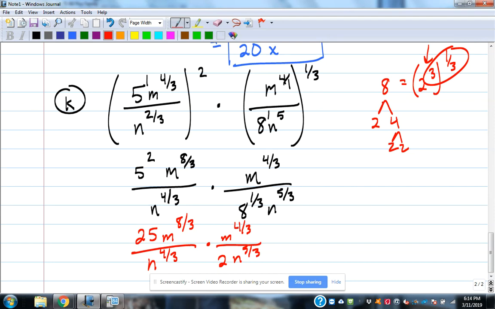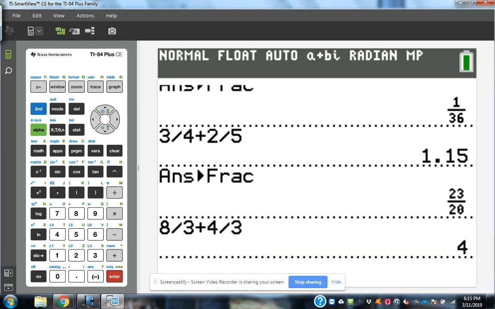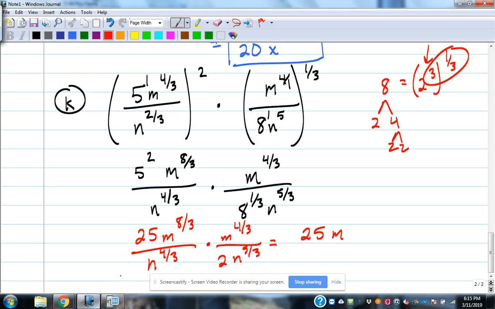So 25 m to the 8/3 times m to the 4/3 is going to be 25 m to the 8 over 3 plus 4 over 3. You're going to add because we're multiplying. So it'd be just 4, m to the 4th. And on the bottom, we got 2 n to the 4/3 plus 5/3 is 9/3, which is just 3.